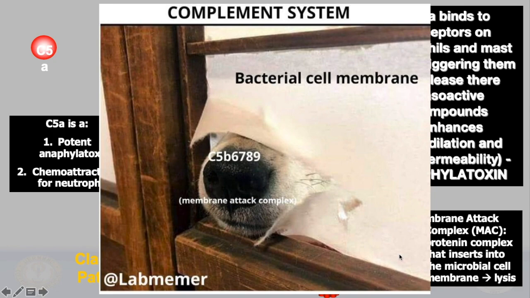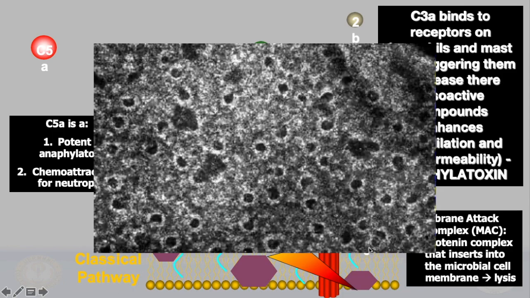So like that. This is again a picture showing us the membrane attack complex. This is a picture of a bacterial cell that has lots of MAC attached on its membrane. So it's like it has a lot of craters in it.